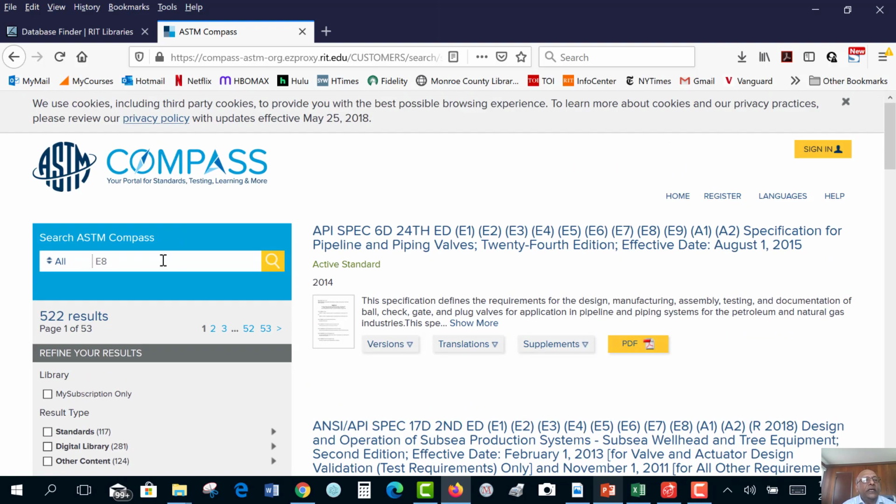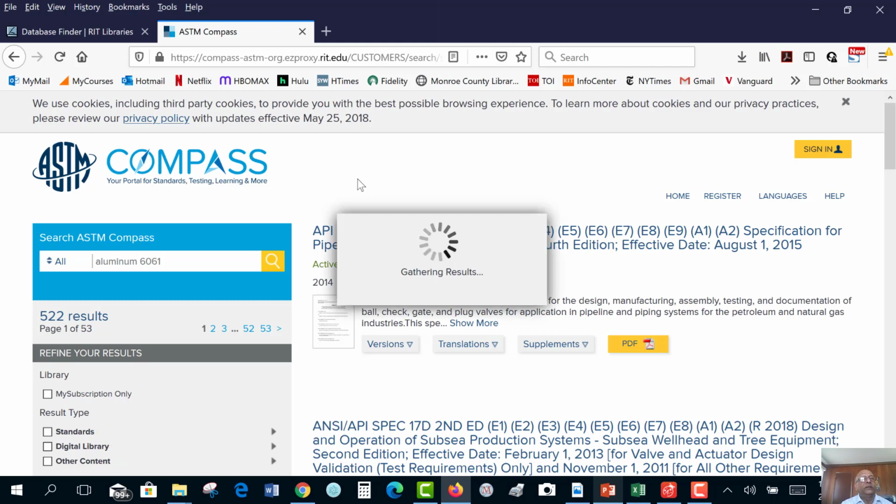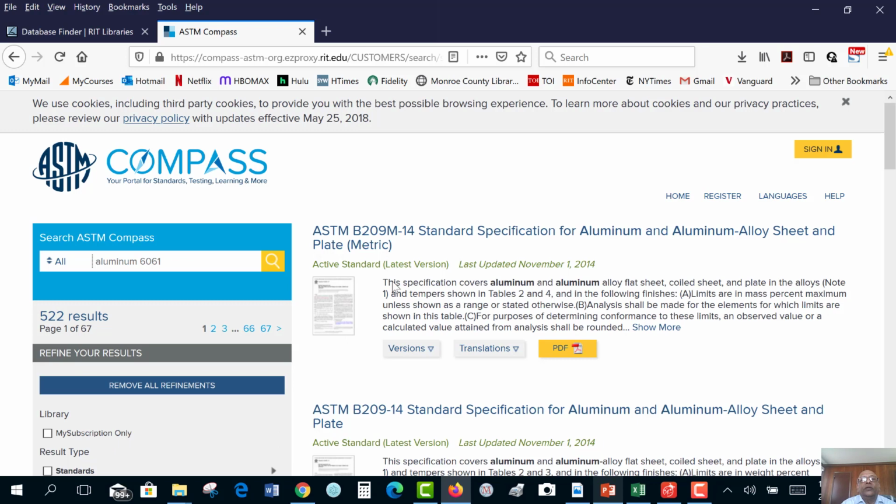Let's suppose you wanted to find other properties. For instance, soon we would be looking for properties of our aluminum alloy. So let's type aluminum 6061. For aluminum 6061, it gives a standard specification for aluminum and aluminum alloy sheet and plate, metric.